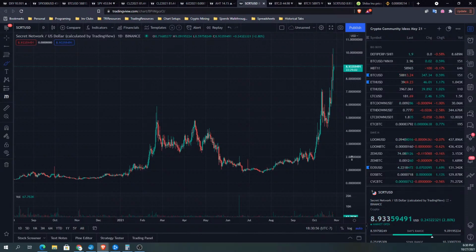Now they have their own network, and it's supposed to be more of a side chain deal now, but it used to work directly on Ethereum. They rebranded, became Secret. Yeah, they're part of Cosmos now.